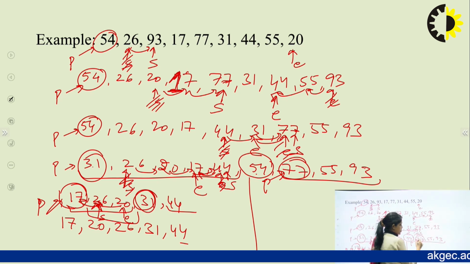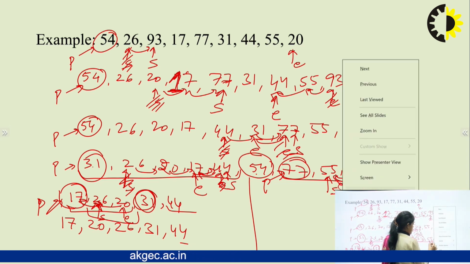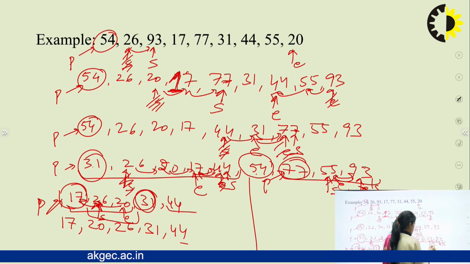54 is here. Now in this case, we will take 77 as pivot. This is your start, this is your end. Start will move forward and it will come here and it will come here. And they have changed their positions. So now swapping will take place.